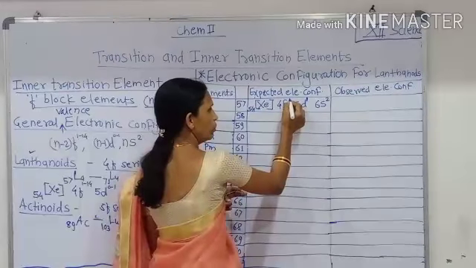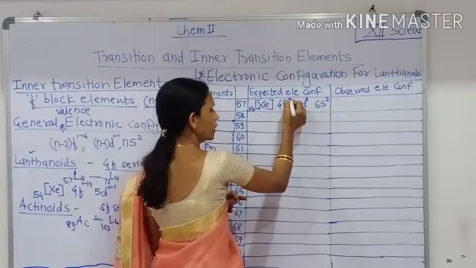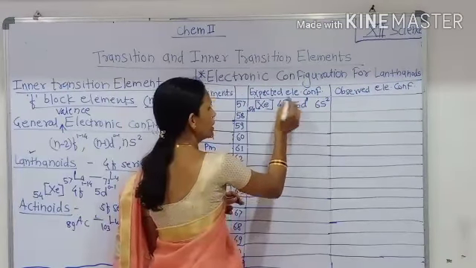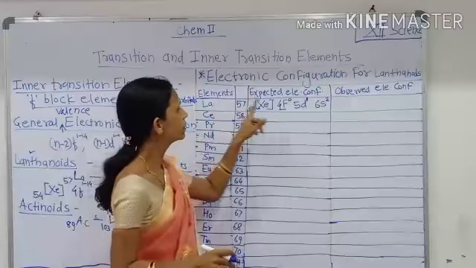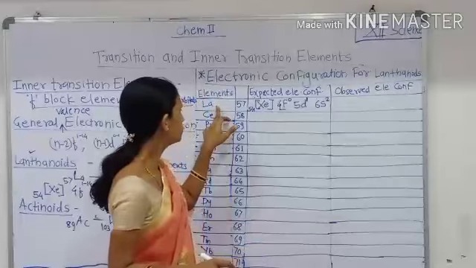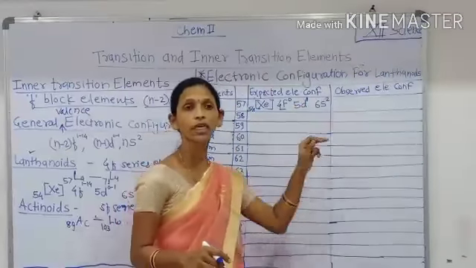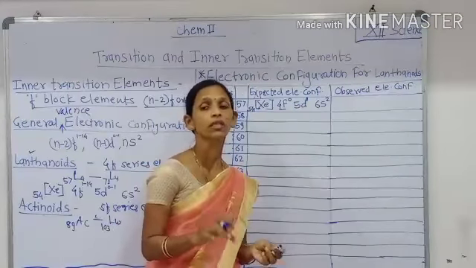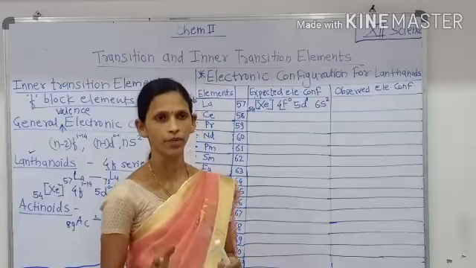Then no more electrons are there, therefore the 4f orbital of lanthanum is empty. Therefore lanthanum is known as a d block element because its 4f orbital is empty.